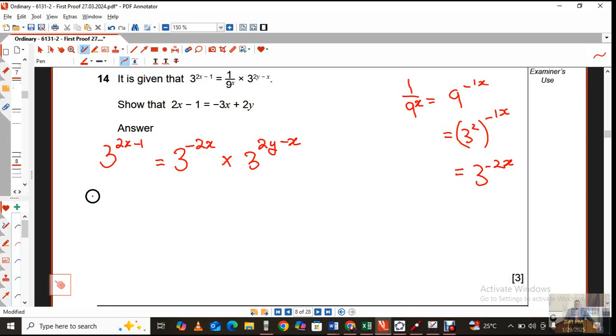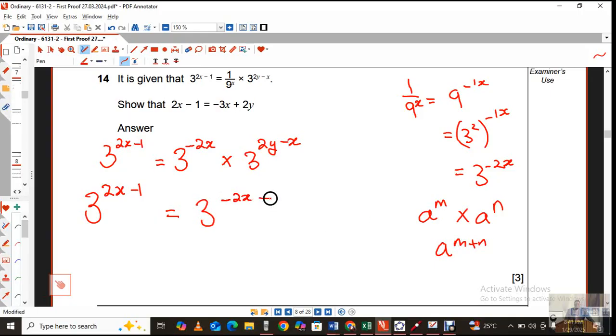Now, nothing that we can do on this side, so I'm just going to write it as it is because it's just one term. But on this side, when you multiply a to the power m times a to the power n, and the bases are the same, you add the indices. Okay, so that means I have 3, then I have negative 2x, then I will be adding 2y minus x.